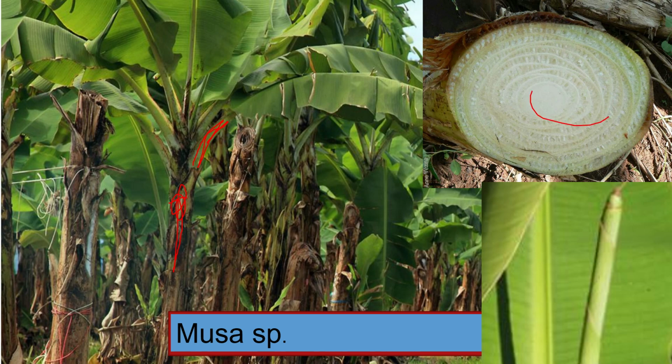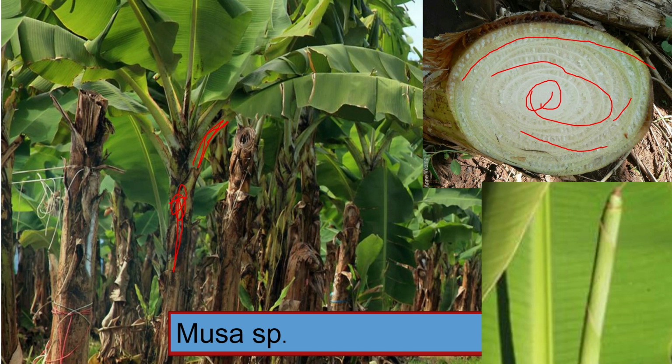This is the cross section of the pseudostem, where you can see the clasping of the leaf sheaths. This is the true stem, and there is the sucker developing from the rhizome, which will emerge as the flower bud.